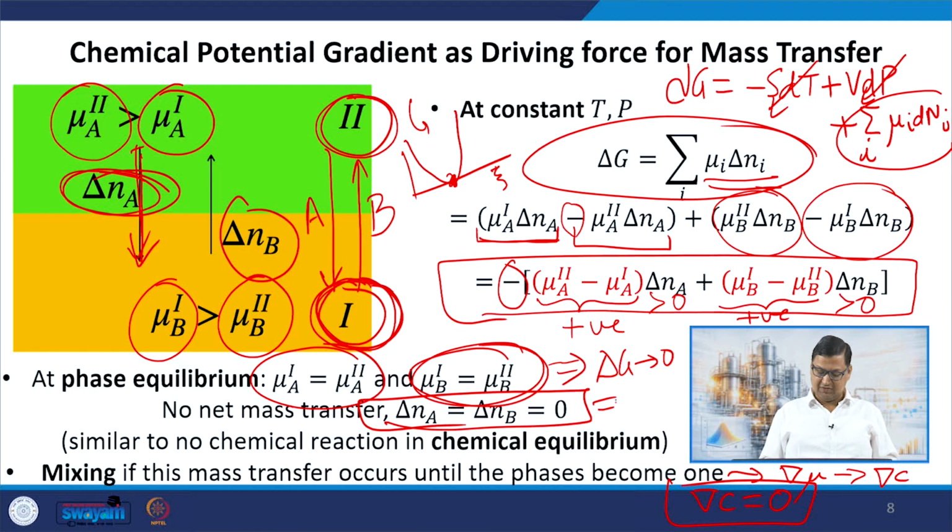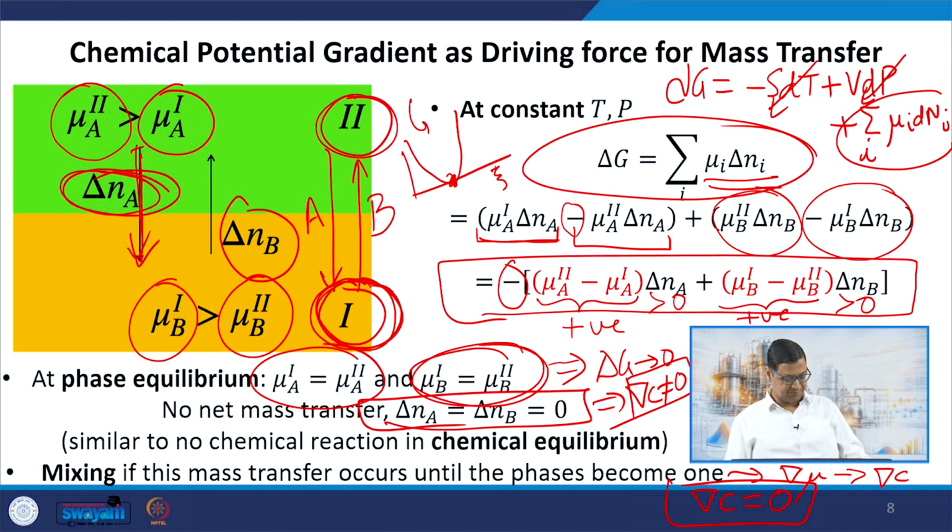In the phase separation case, however, the gradient of C is not equal to 0, as in the oil water example I gave you, right. Therefore, I hope I have managed to convince you that it is not the concentration gradient, it is the chemical potential gradient that is the actual driving force for mass transfer.